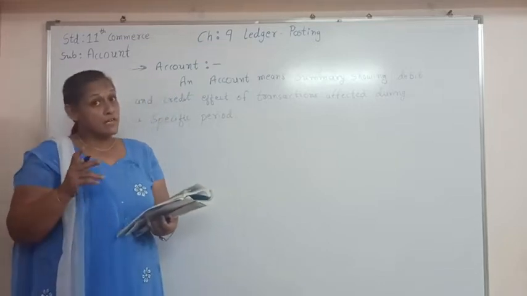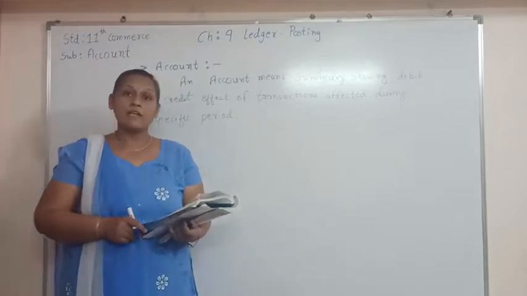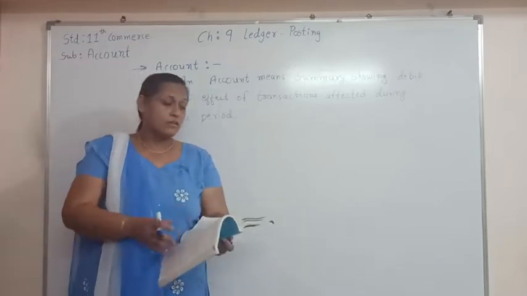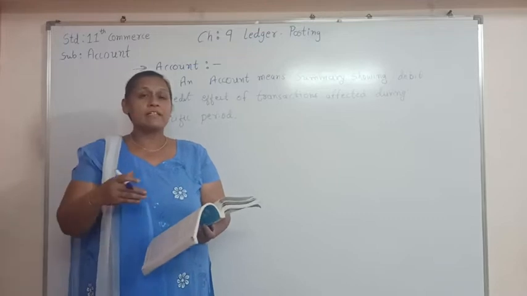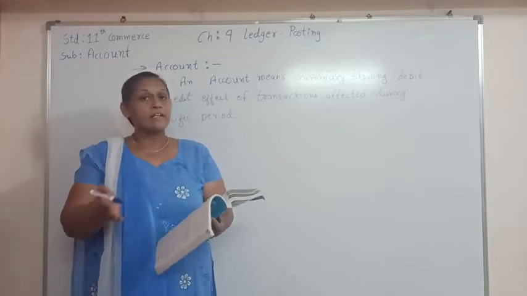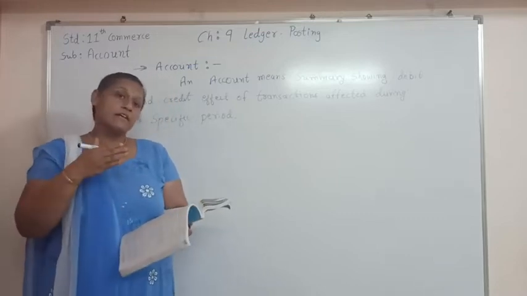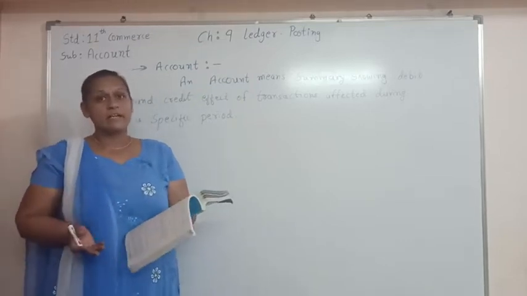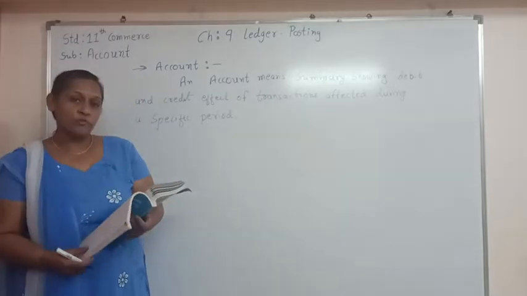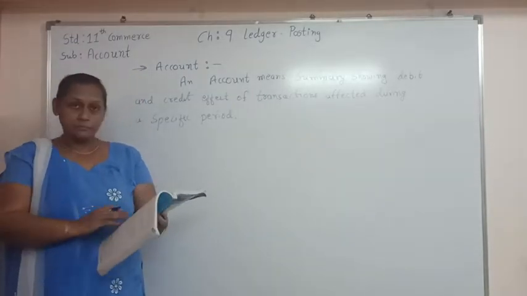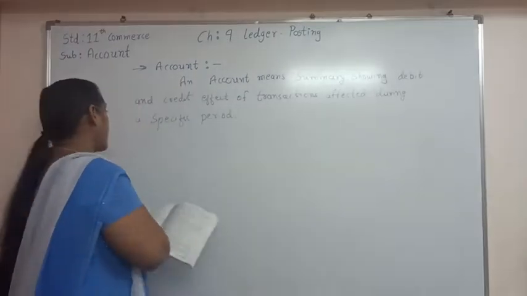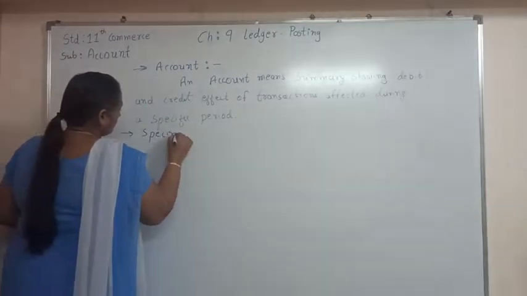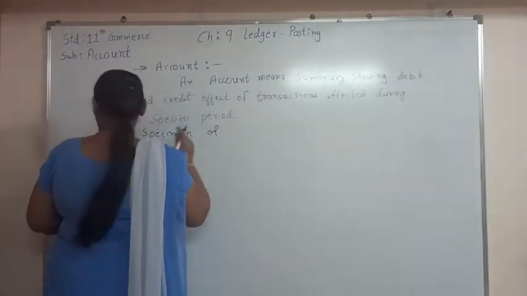So there are two sides of the account, debit side as well as credit side, and in the debit side there is a date, particular, journal folio, amount, and in the credit side also date, particular, journal folio, amount. So this is the specimen of account. So let's prepare the specimen of account.